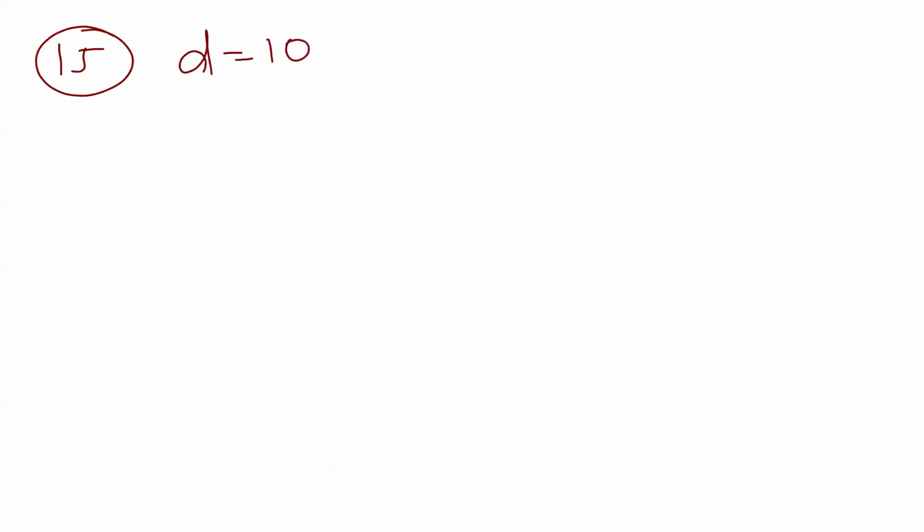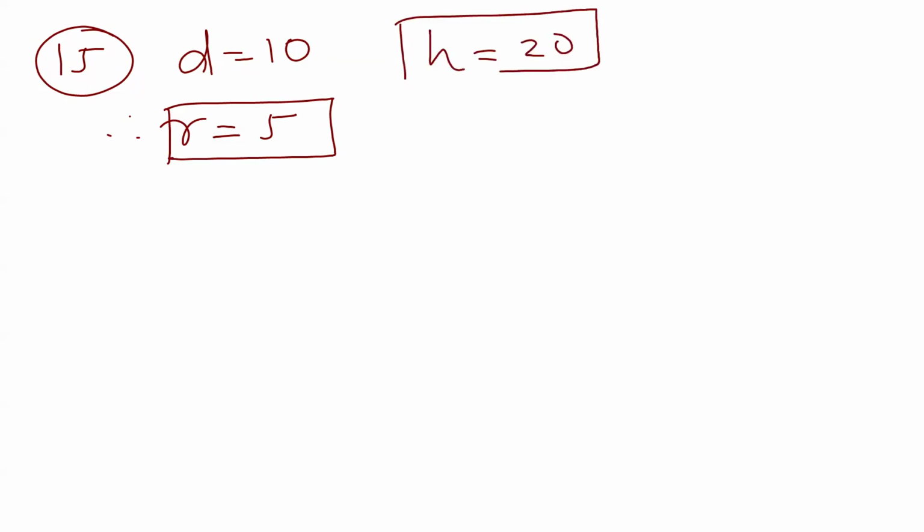D is equal to 10 centimeters, so R is equal to 5. Radius is equal to 5. Altitude is the perpendicular height of the right circular cylinder. H is equal to 20. Now, radius and height, both the things we have got.